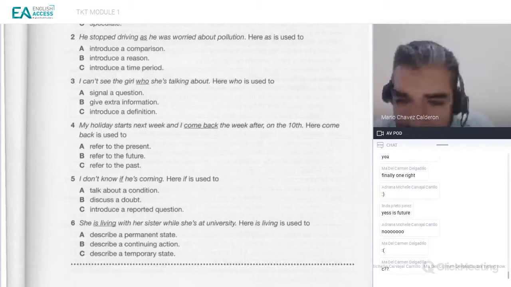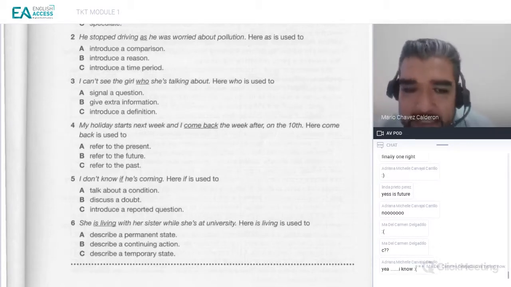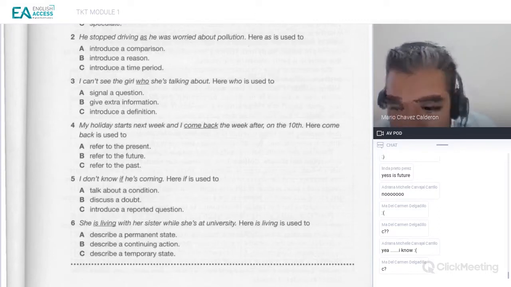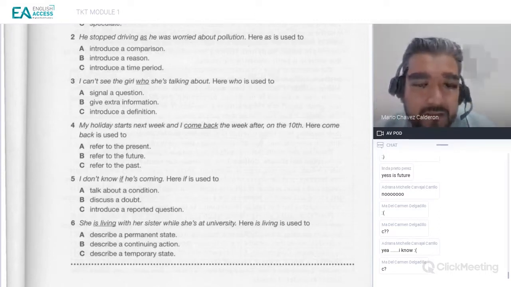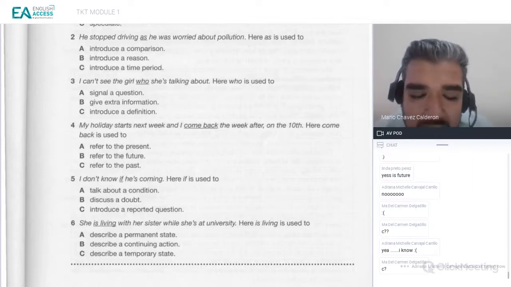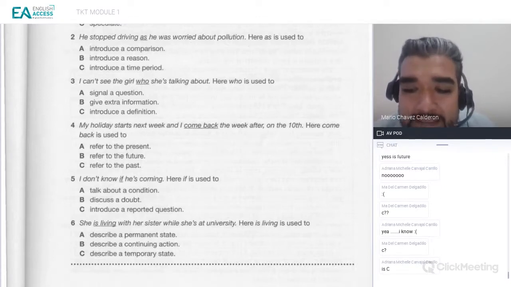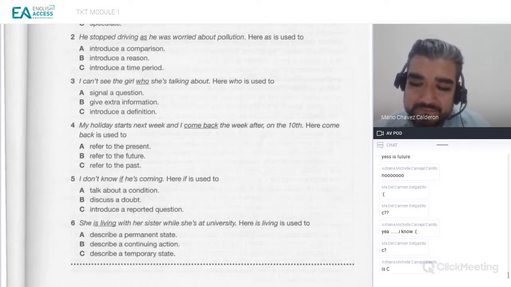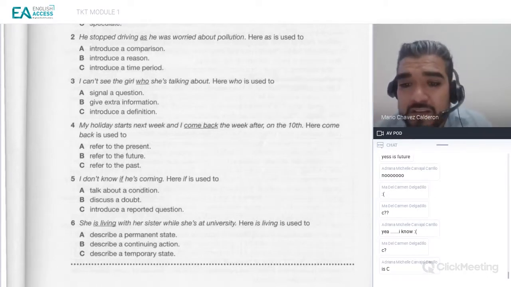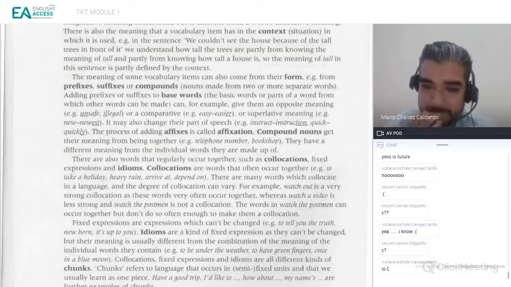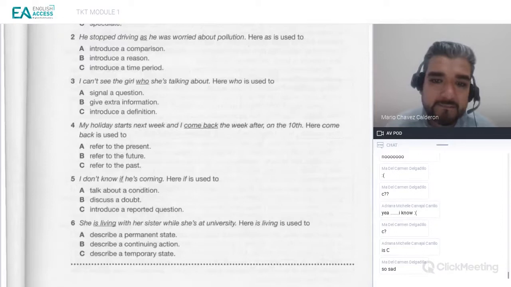Is that permanent? It says while she's at the university. It's not permanent. It's a continuing action. No, it's a temporary state. It's letter C. You need to read the complete sentence, ladies.